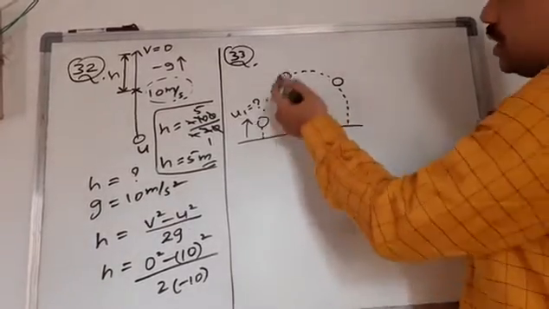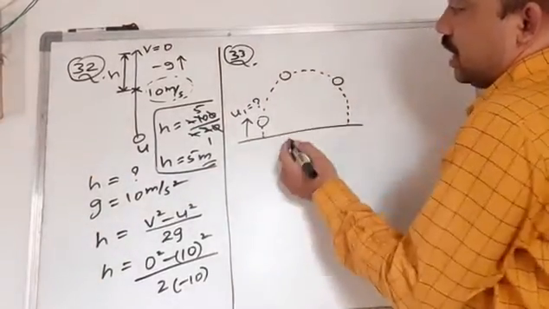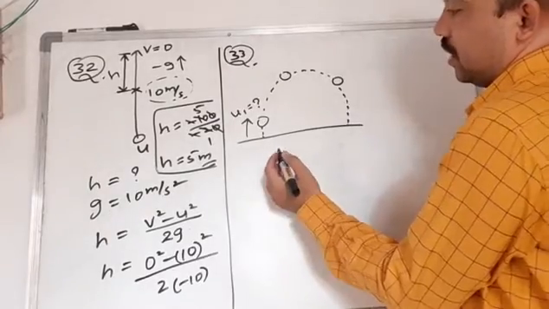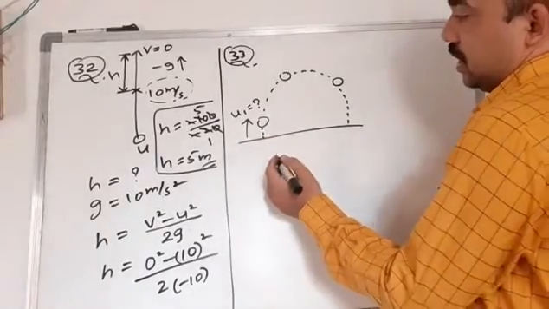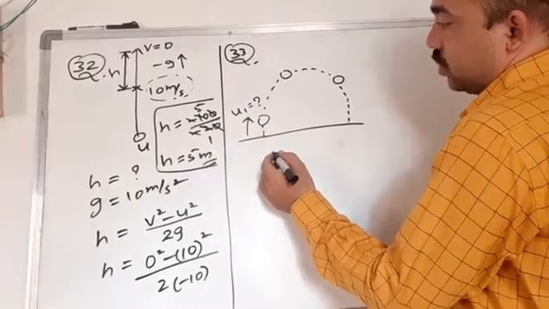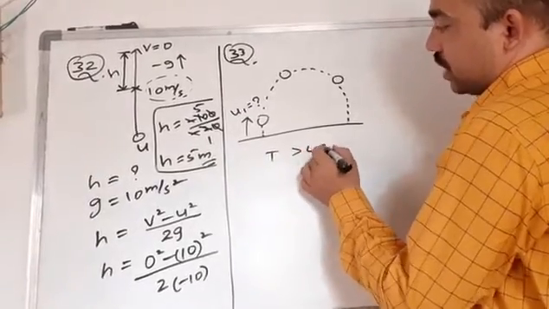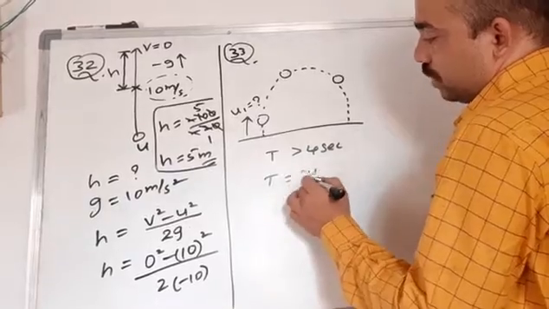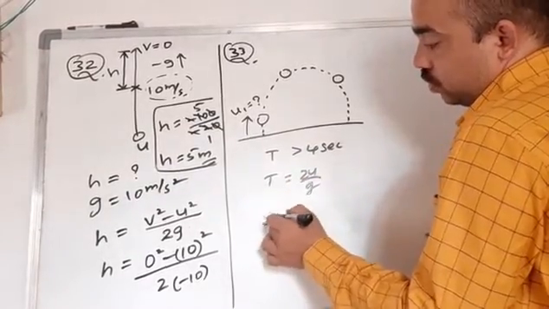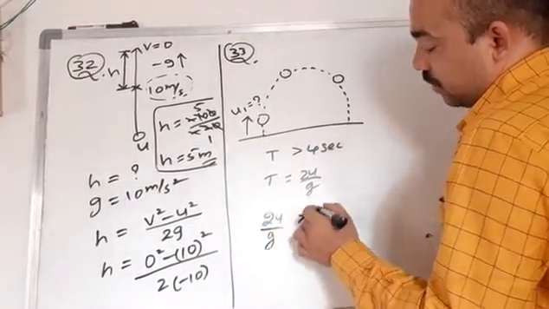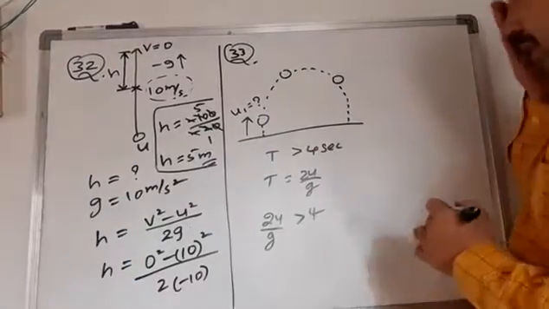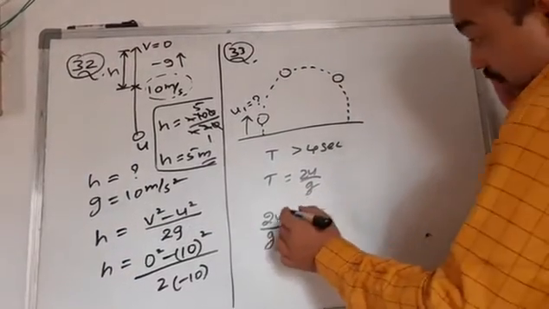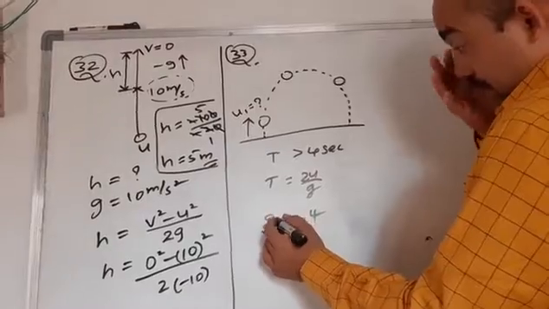With what velocity it should be thrown. So here he is saying that 4 seconds is the time of flight for each ball. So the time of flight should be greater than 4 seconds. Time of flight formula is 2u by g. So 2u by g should be greater than 4 seconds.